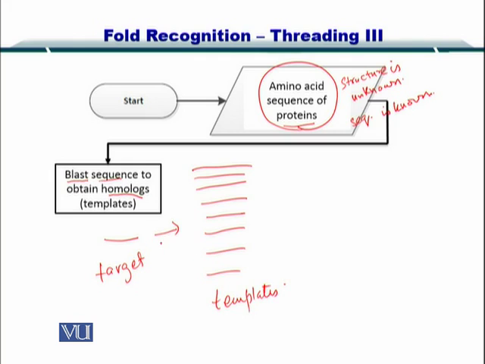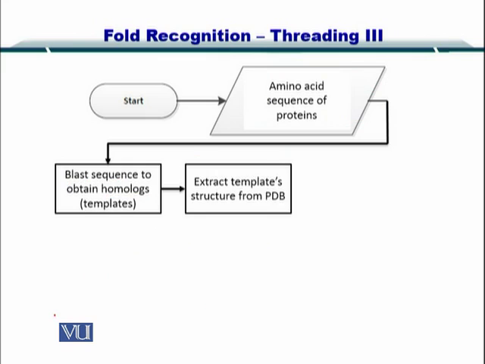So you compare it using BLAST with all of these sequences and you find those sequences which are nicely matching to your target. Next, you extract the template structures from the PDB.